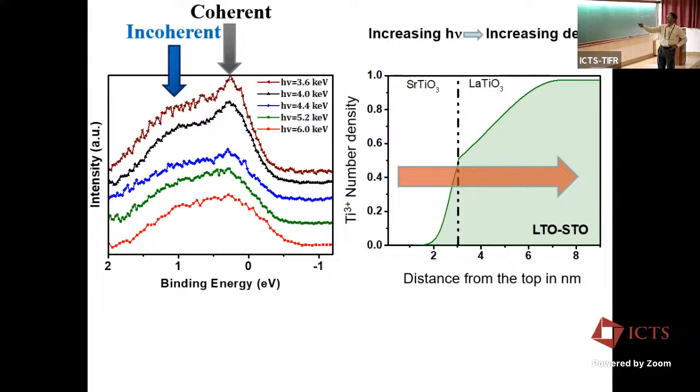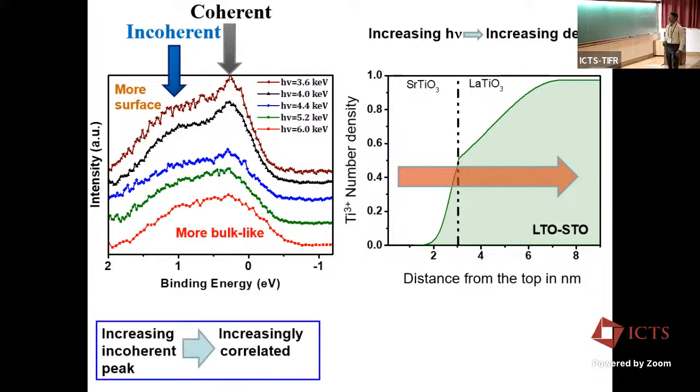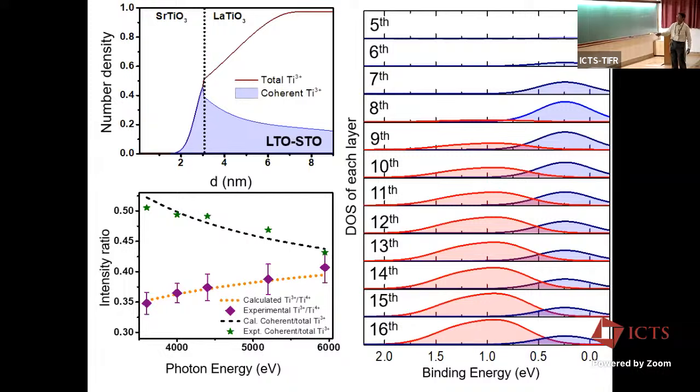When you are going to the higher photon energy, this peak intensity is going down, and that is going up. So you can map out the ratio of the coherent peak to the incoherent peak, the lower Hubbard band, as a function of the layer thickness as I'm looking inside, and that is what I'm going to do next.